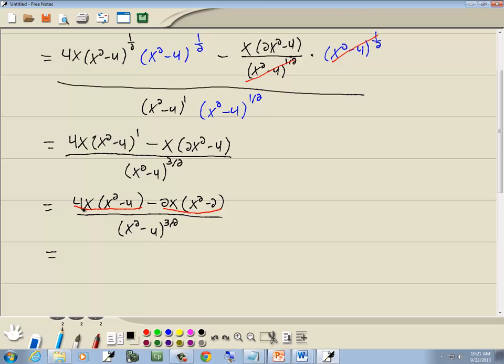Now I want to factor out the GCF. 4 and 2, I see they both have a 2 in common, and they both have an x in common. Now 4 divided by 2 is 2, that x is gone, and we're left with x squared minus 4. Minus, that 2's gone, that x is gone, so we're left with x squared minus 2 with parentheses around it, all over (x squared minus 4) to the 3/2.